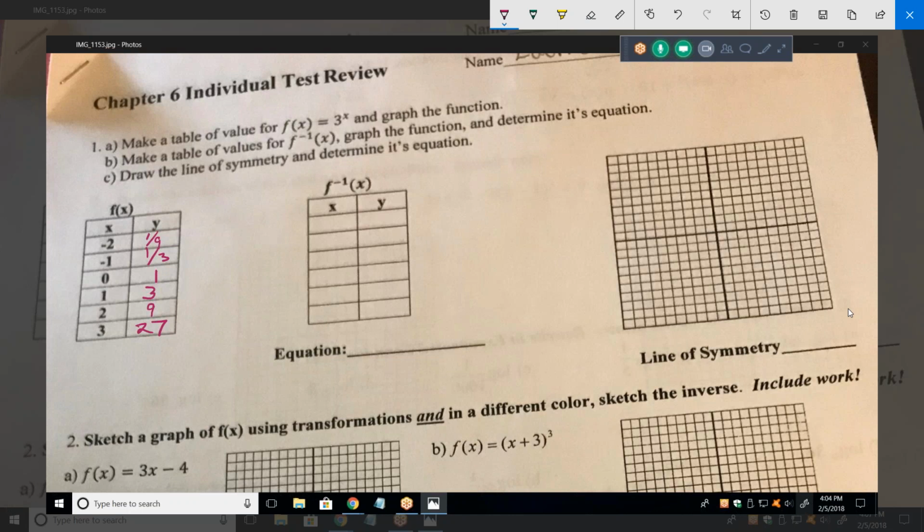You swap the domain and the range. So I don't have to do any math. I don't have to figure out what the inverse is. So all I'm going to do is swap those two columns. Okay. And that truly is a really big part of inverses, is knowing that.